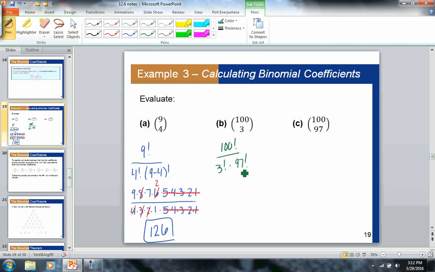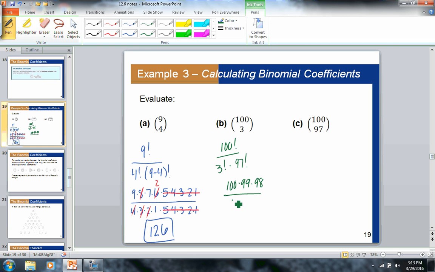But I have to know that that's what that means, because here in the denominator I've got 97 times 96 times 95 and so on and so on. So basically from 97 on, everything in the denominator and the numerator is going to cancel. So that means in my numerator I have 100 and I have 99 and I have 98, and then everything from 97 on cancels.